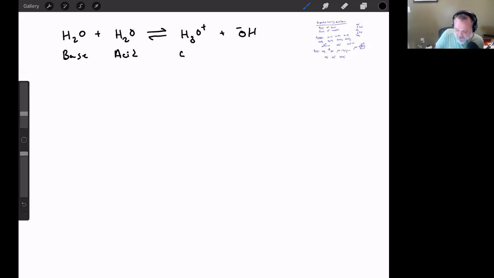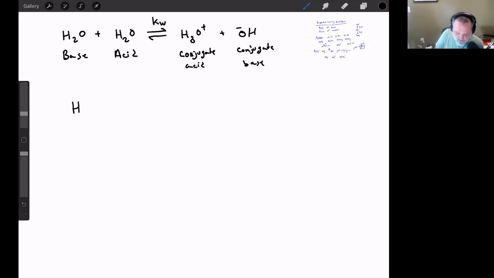They always come in pairs, conjugate acid-base pairs. So this one would be the conjugate acid, and this one would be the conjugate base. And because it's an equilibrium associated with water, we call this equilibrium in particular, Kw.